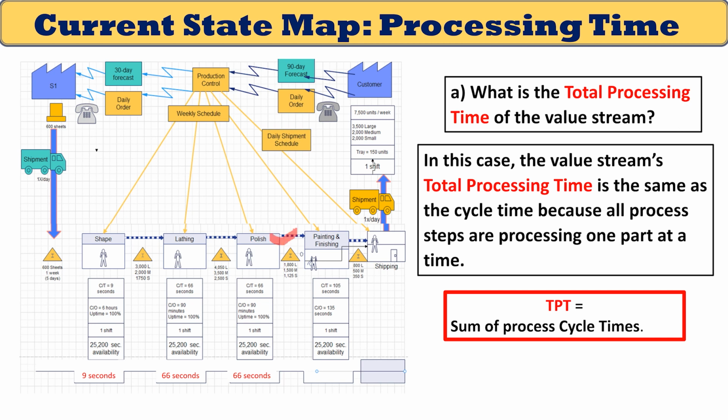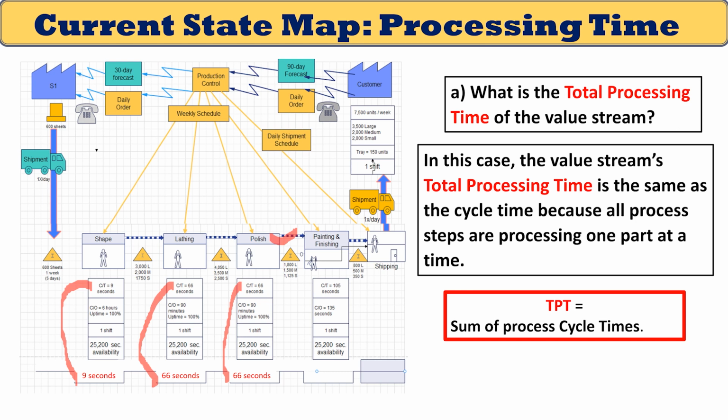The polish process step cycle time is also 66 seconds, so we report that information here. Remember that we have already reported this information and that one too. So that is also 66 seconds, recorded on the time ladder.